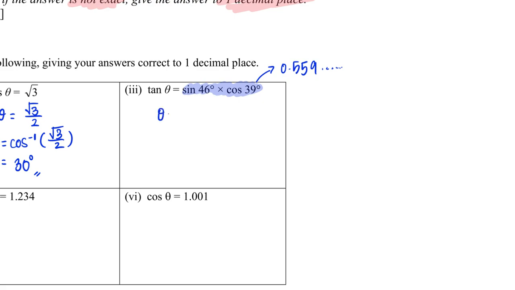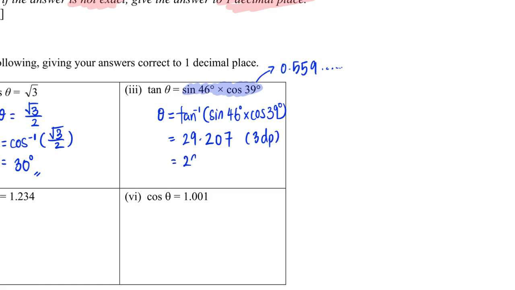You just have to write this down and press your calculator neatly. When you do, you will get 29.207 to 3 decimal places, followed by 29.2 degrees to 1 decimal place.